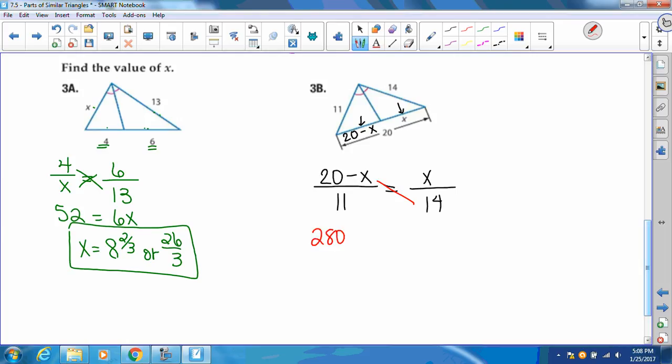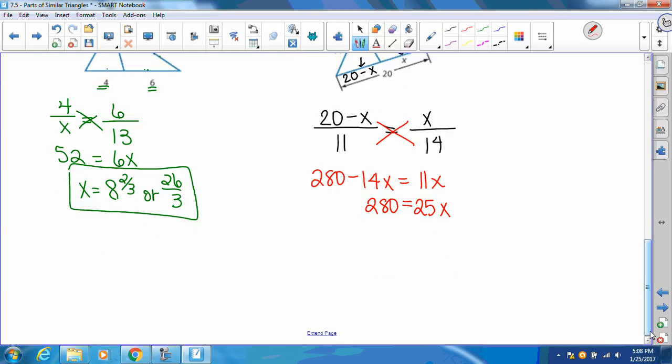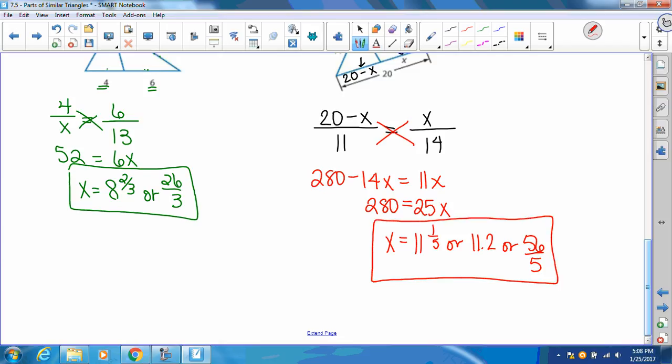So I would get 280 minus 14x equals 11 times x is 11x. Then we're going to add 14x to both sides. So that's 280 equals 25x. And then I'm going to divide by 25. So x is 11 1/5 or 11.2 or 56 over 5. Any of those answers would be sufficient.